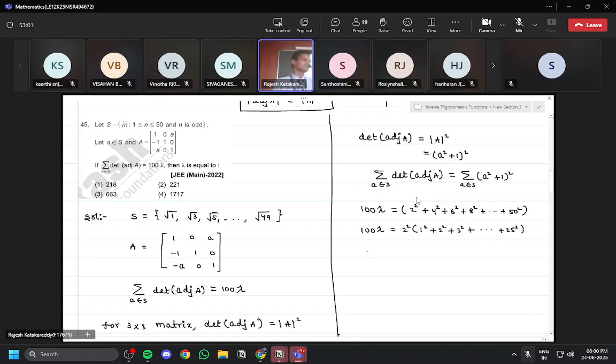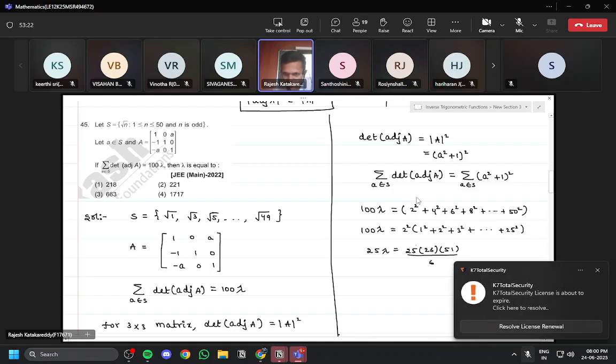Next, on both sides you cancel 4. 25 lambda is equal to the sum of squares of the first 25 natural numbers. This is 25 into 26 into 51 divided by 6. 25 got cancelled.